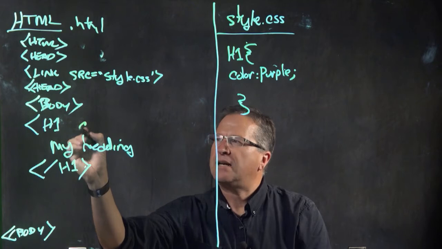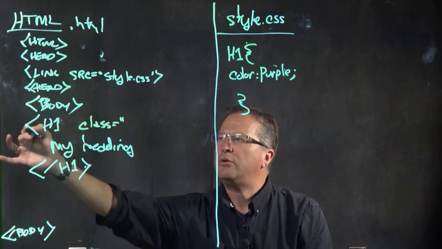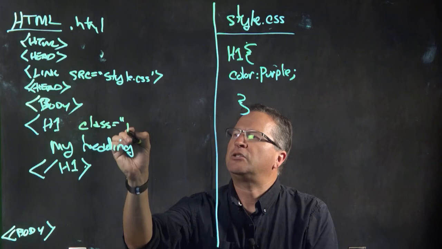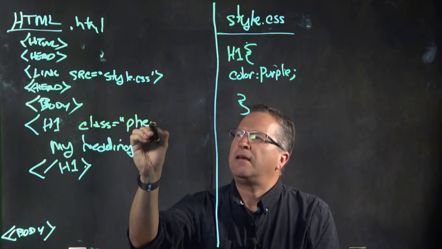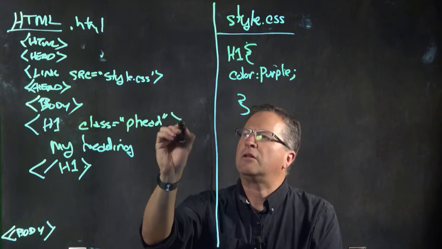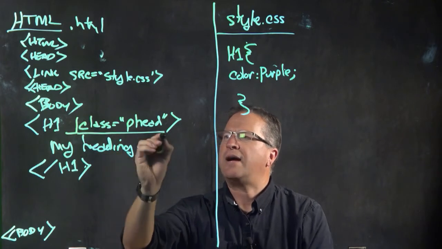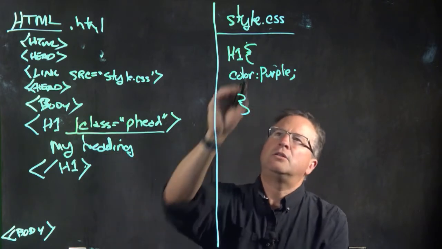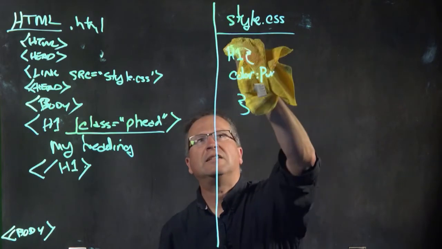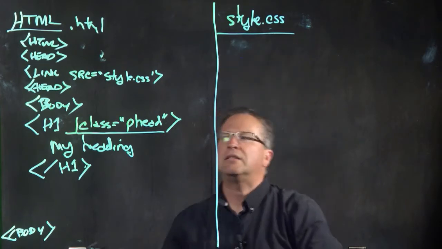So in this case, I'm going to say class equals, quote. Now this is an attribute to H1, to heading 1. And I'm going to say P head, close it, and close the tag. So now I've added a space here, and then I've defined a class called phead. Now I can come back here to my CSS and assign a style to phead.